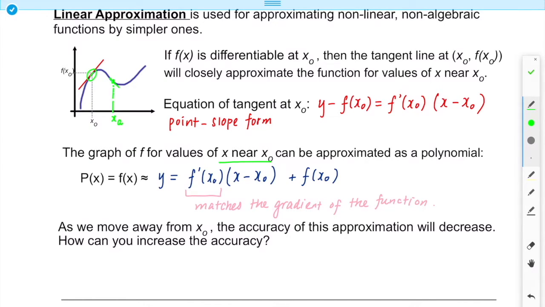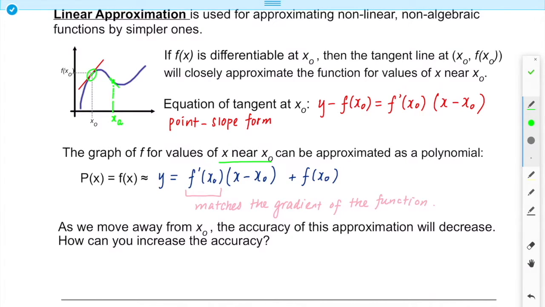But then, what else can we do to improve this approximation? I want to use a simpler function, a polynomial, to represent a certain section of a function. Well, what if instead of using lines, we use curves?